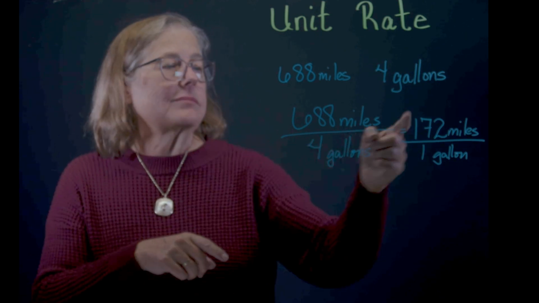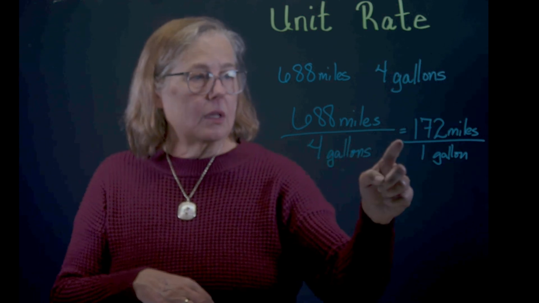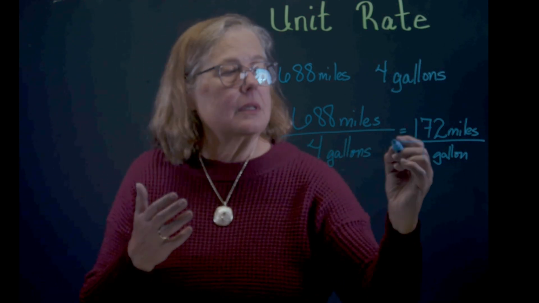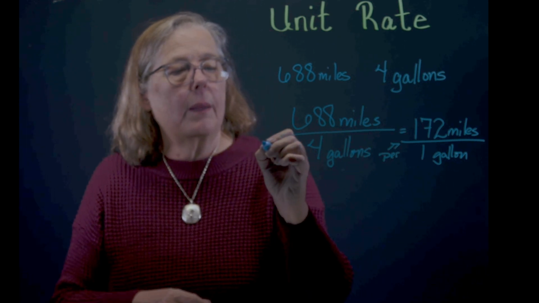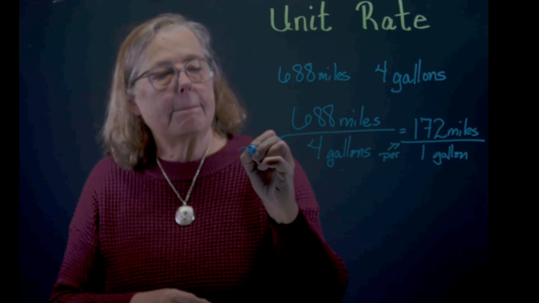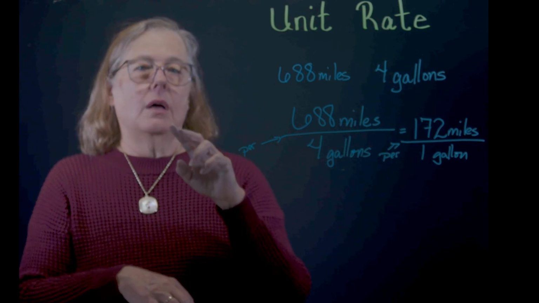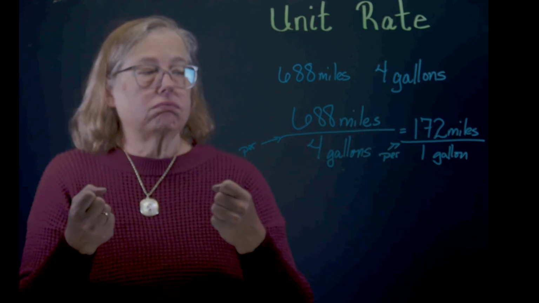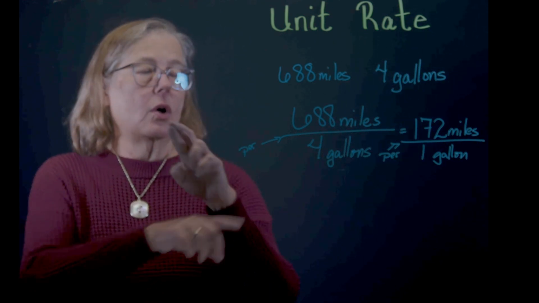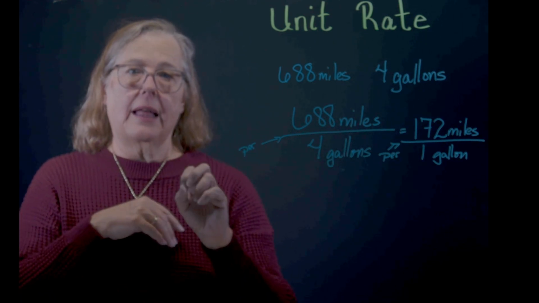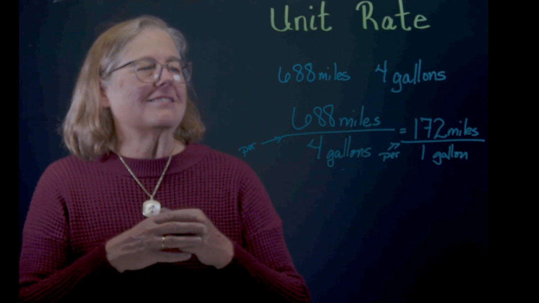If I have a 1 on the bottom, I know I did it right. 172 miles per 1 gallon. In English, we say the word per. So I drove 172 miles per 1 gallon of gas. That's pretty good.